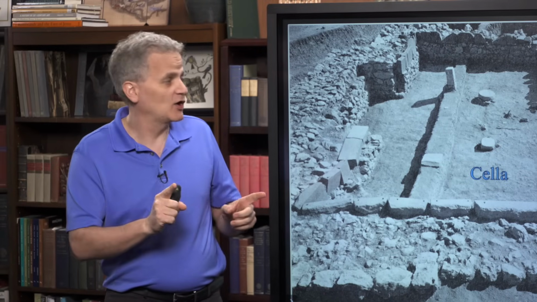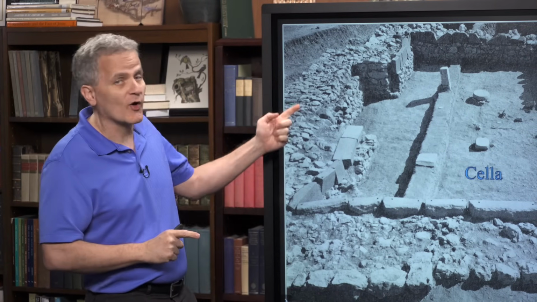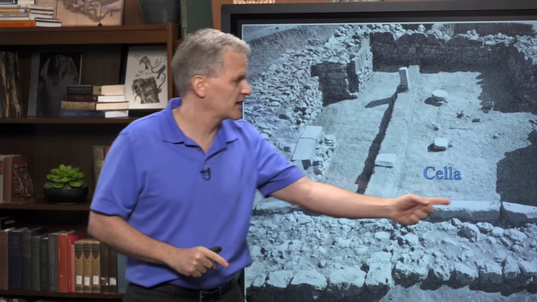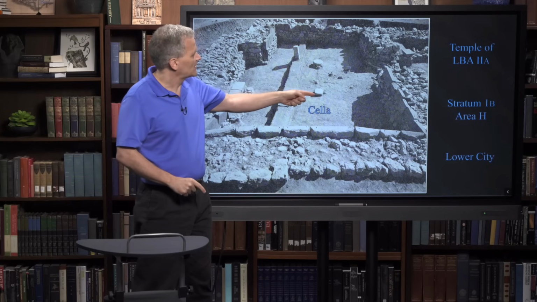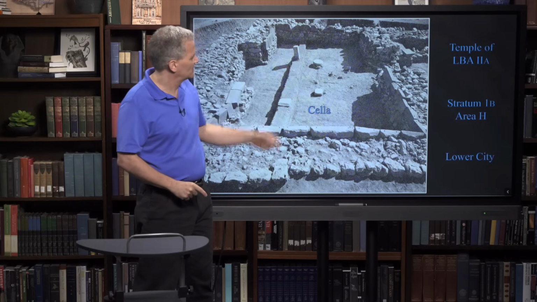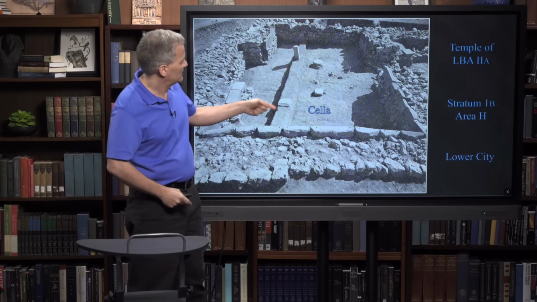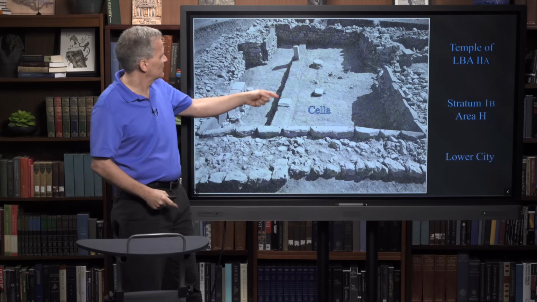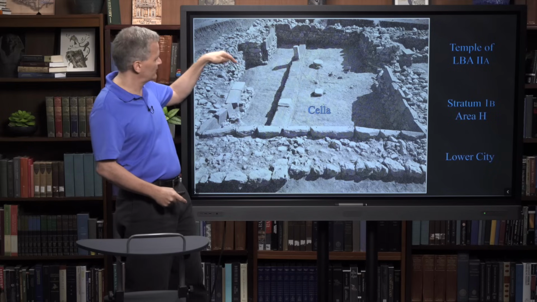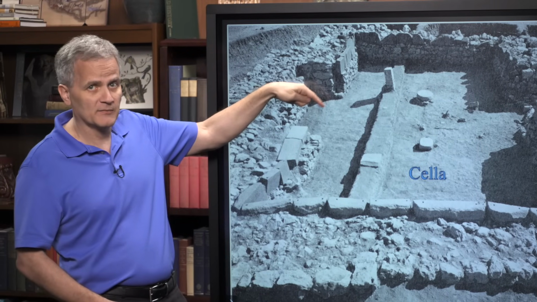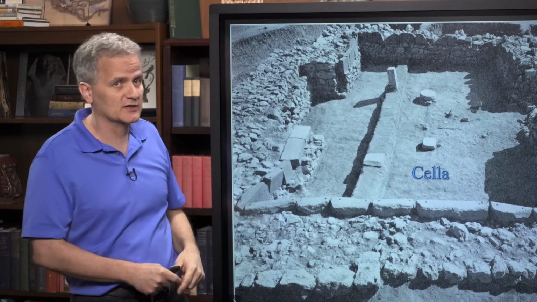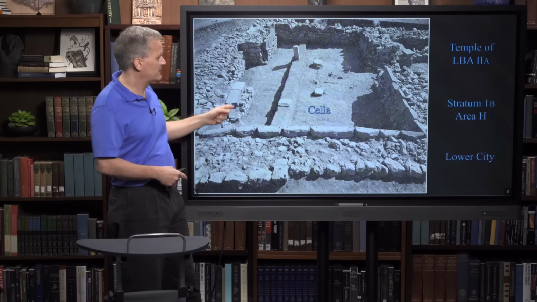Now, here's a quick look at the cella, or the Holy of Holies of this temple in Area H. You can see the two column bases here for columns to be erected. You see a divider here in the middle, the niche in this area here, and you can see that the protecting piece is gone from the previous stratum, probably a bench here.